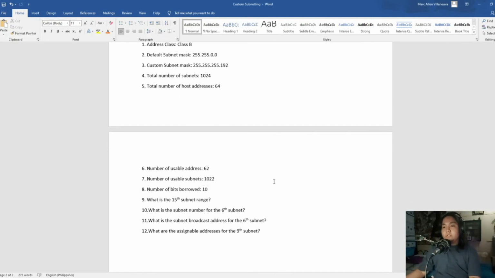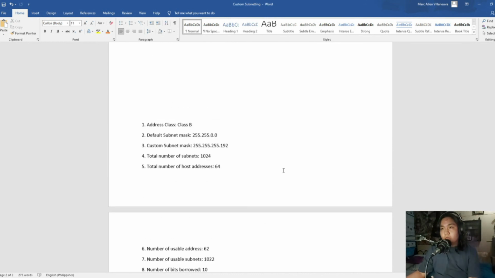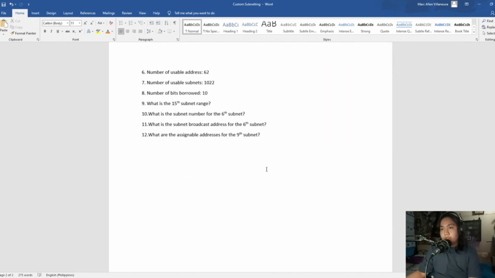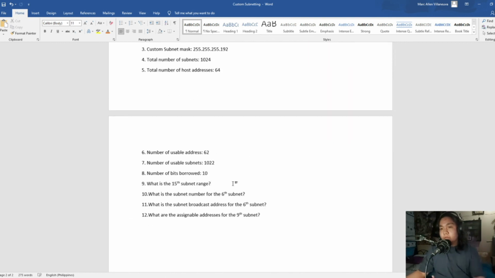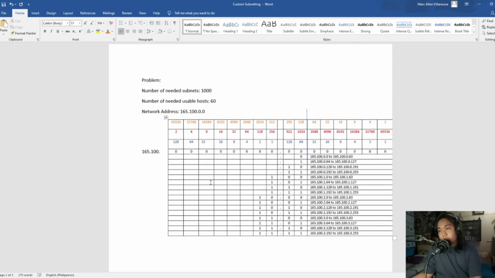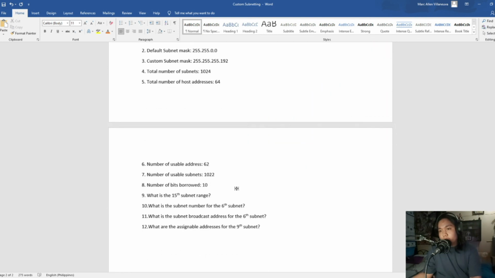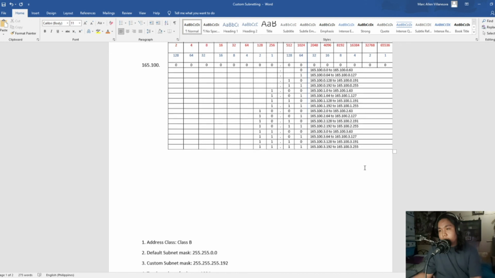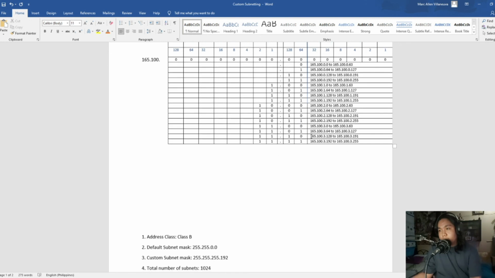Now since we were able to complete this pattern, we can finally answer some of these questions. What is the 15th subnet range? If we look here at our 15th subnet range, the answer would be this one.